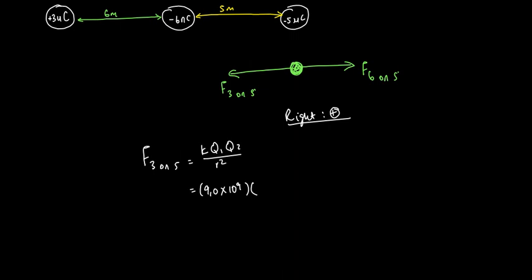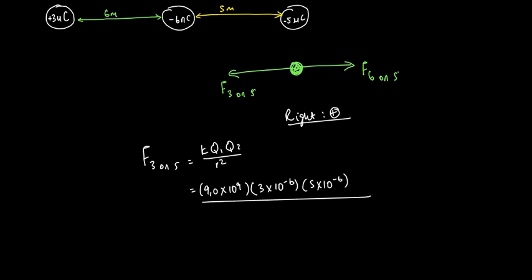Q1, which is 3. You can even write 3, 5, but usually write the formula as it is. So we are going to start with 3. 3 is going to be 3 times 10 to the power -6. And then Q2, 5 is going to be 5 times 10 to the power -6.